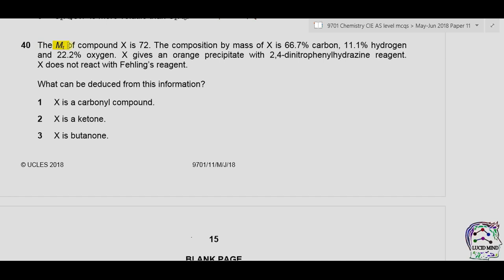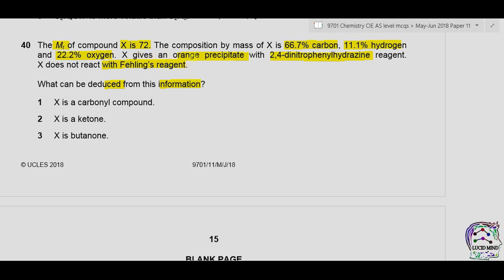Question 40. The molecular mass of compound X is 72. The composition by mass of X is 66.7% carbon, 11.1% hydrogen, and 22.2% oxygen. X gives an orange precipitate with 2,4-dinitrophenylhydrazine reagent. X does not react with Fehling's reagent. What can be deduced from this information?